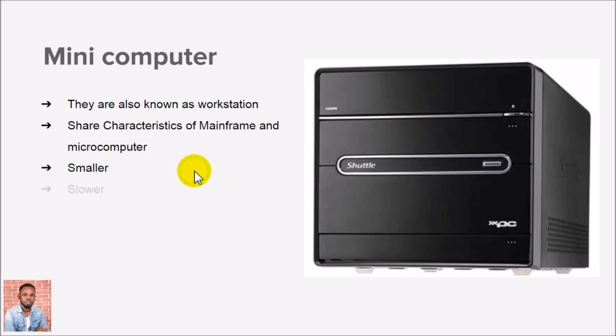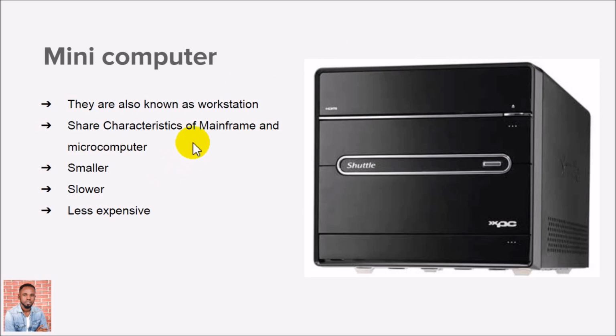They are smaller, slower than mainframes, less expensive, and all that. Small and medium scale businesses use them to power their operations, and they serve as servers for small businesses.